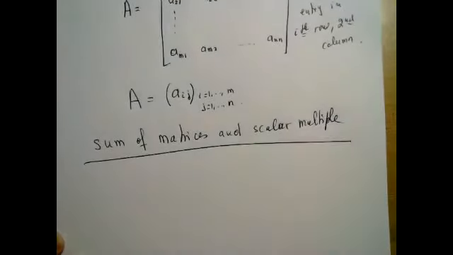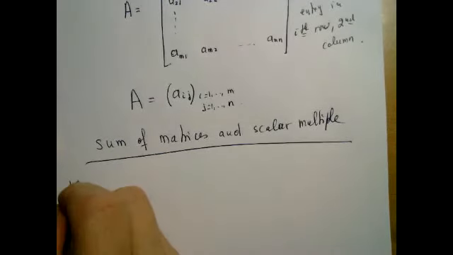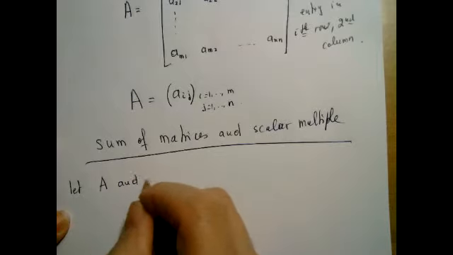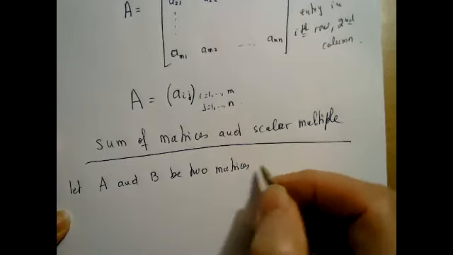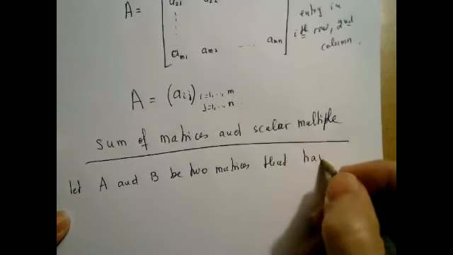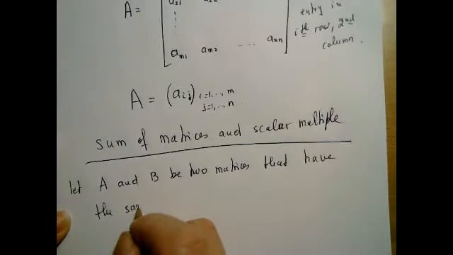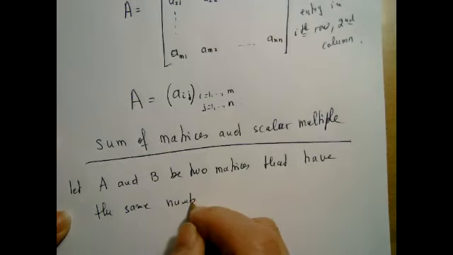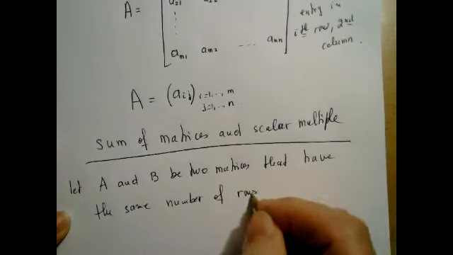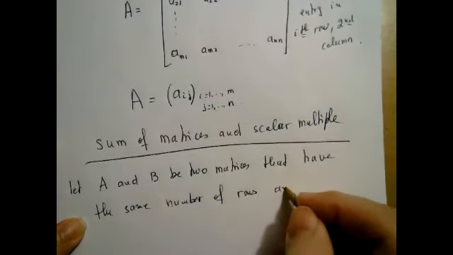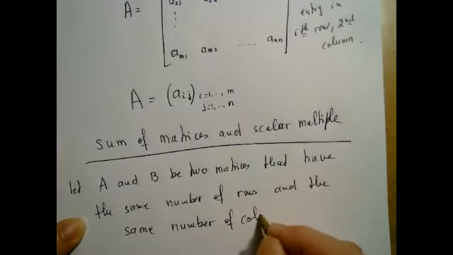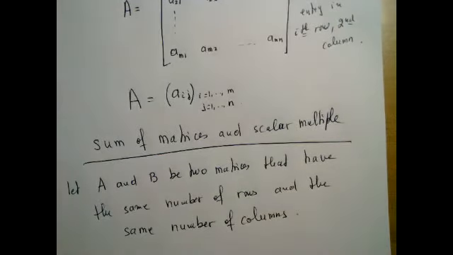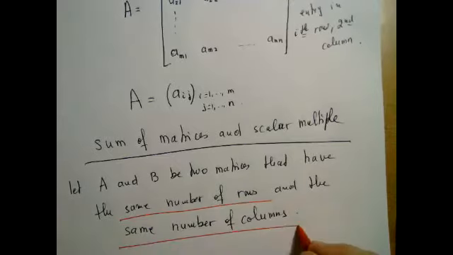Let us say we have two matrices, A and B, that have, and that's important, the same number of rows and the same number of columns. So we have two matrices. They have the same number of rows, same number of columns.